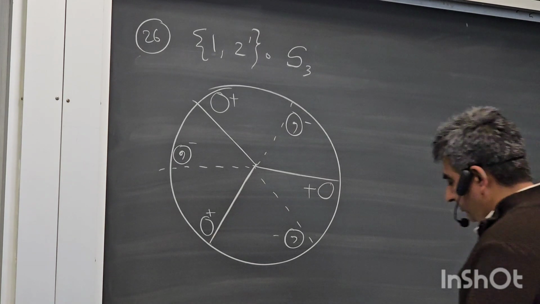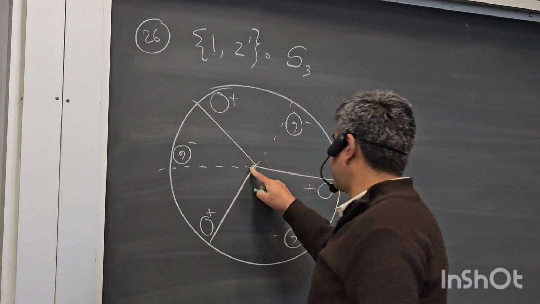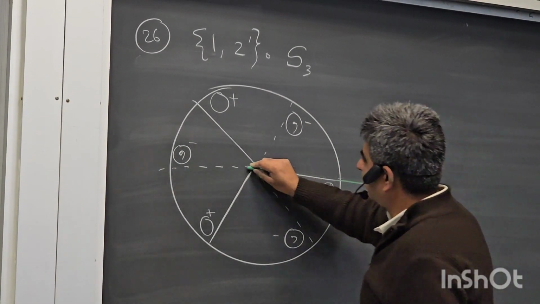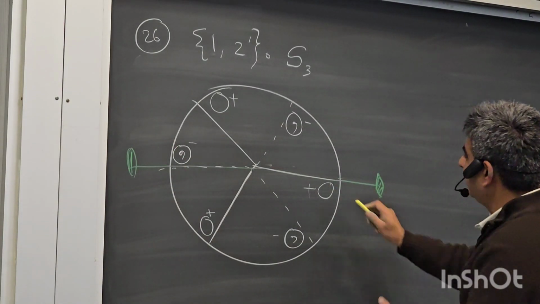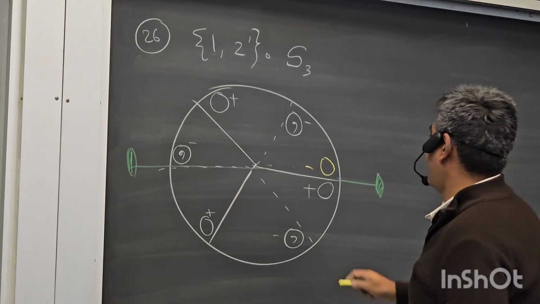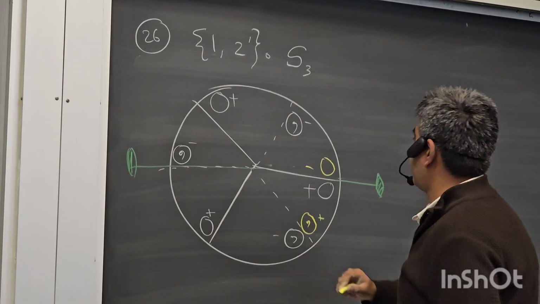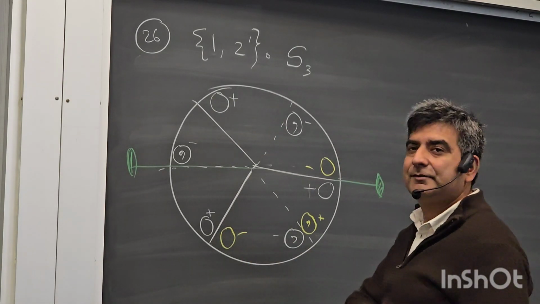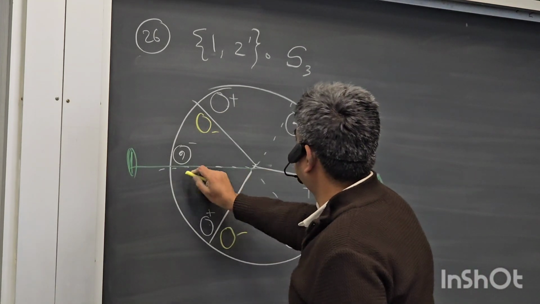Now, remember, this was a 3-fold improper rotation axis. Now I would like to put a 2-fold rotation about this axis. What this would do, this would land this object here. This object will come here. This object here. This object over here.